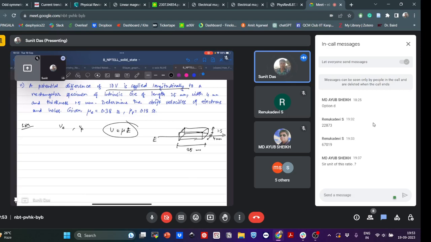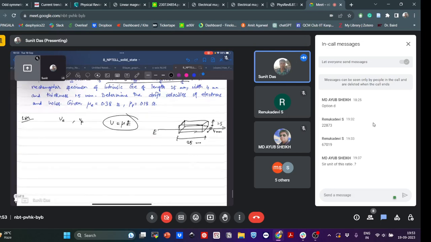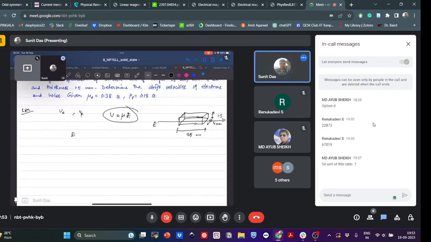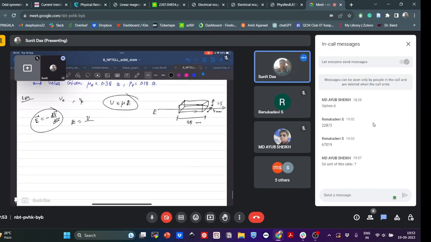Okay, so let me solve the problem. So what will be the electric field? We have given the voltage, right? So you all know the vector equation of electric field is minus dV by dr, right? So the value of electric field is voltage by the length along which electric field is applied.